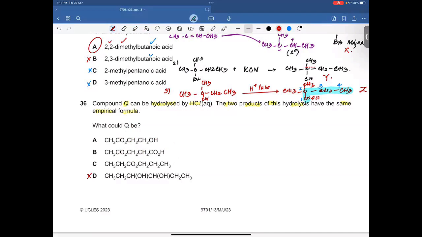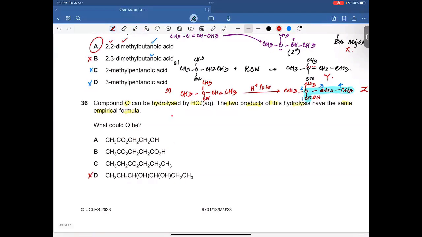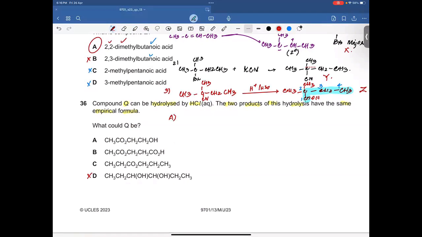Let's talk about option A. This is going to be the acid part, and this is going to be the alcohol part. So acid is going to be CH3COOH. The molecular formula of acid is C2H4O2. If you divide by 2, you will get the empirical formula, which is CH2O.